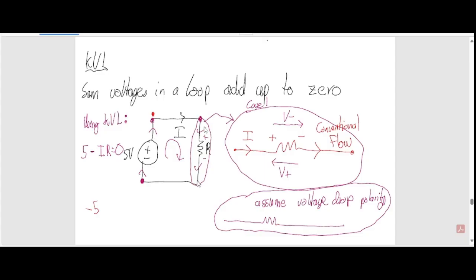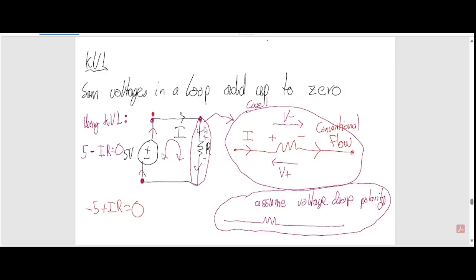Conventional flow is in this direction. So if you reverse it, the plus and the minus will still stay there. So it'll still be plus and minus is a minus. And then from here now, a minus, that plus will be a plus. And obviously this will give you 0.